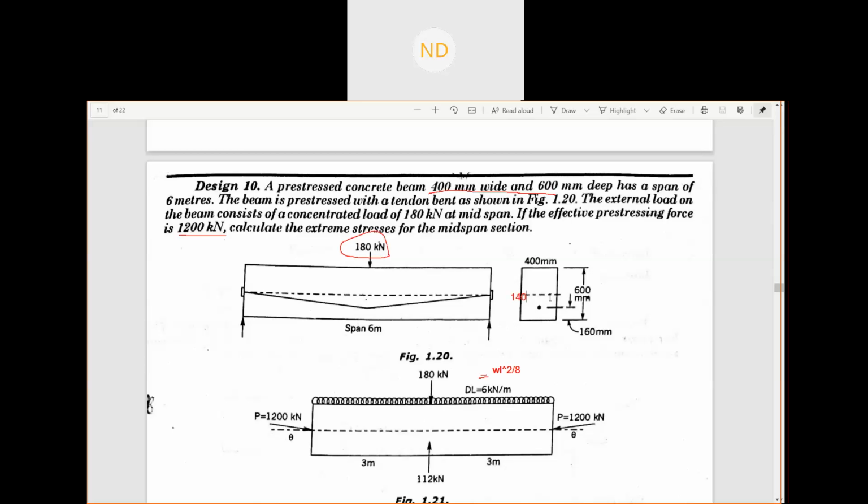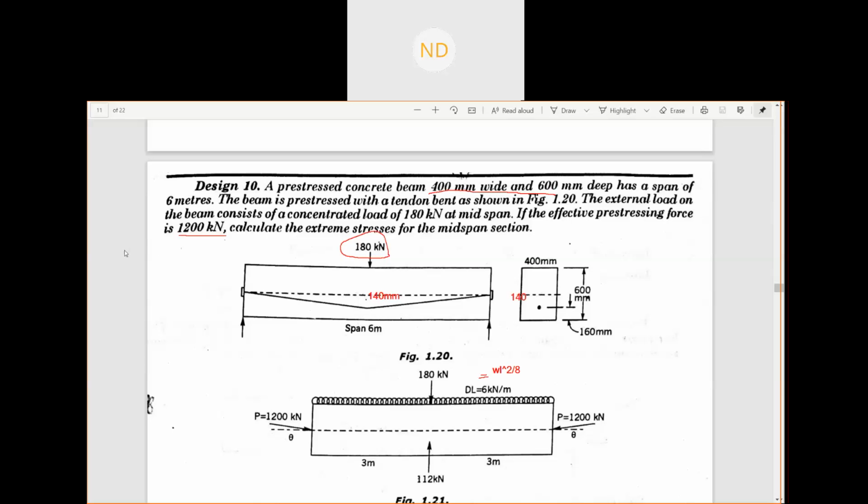Actually, this is not the eccentricity, but the distance of the bend tendon. It is shown that the tendon bend at the center from the soffit is 160 mm. So this distance is 140 here.